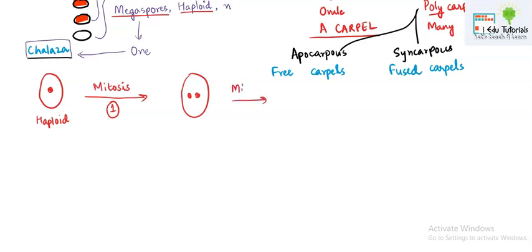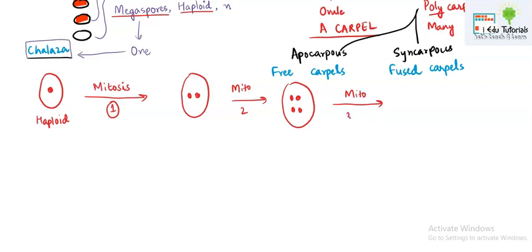Now mitosis 2 will happen and it will lead to the formation of 4 nuclei, because there is a simple logic with mitosis: whenever it happens, it doubles the number of nuclei. So one mitosis will lead to 2 nuclei, and 2 nuclei, if they undergo mitosis, will lead to 4 nuclei.